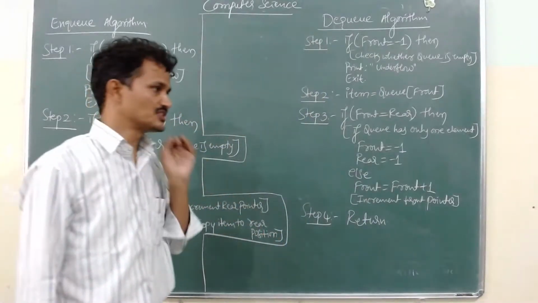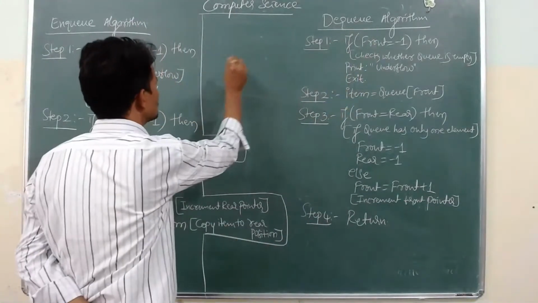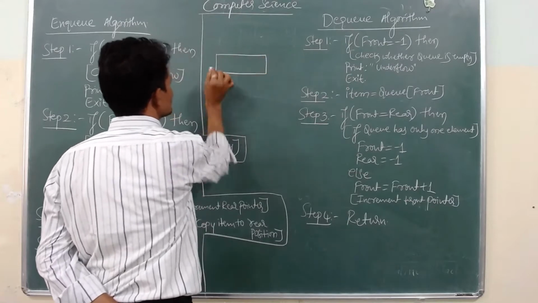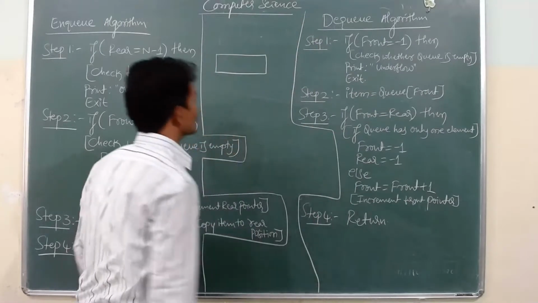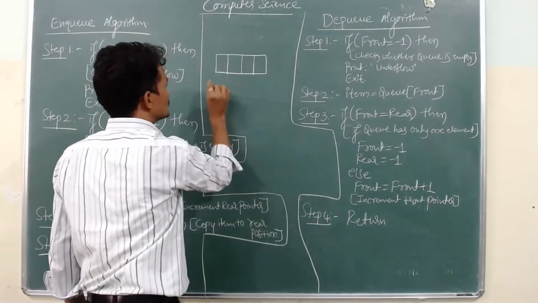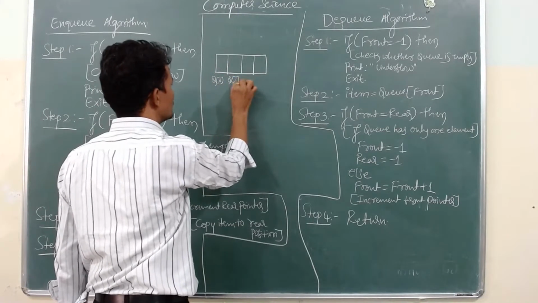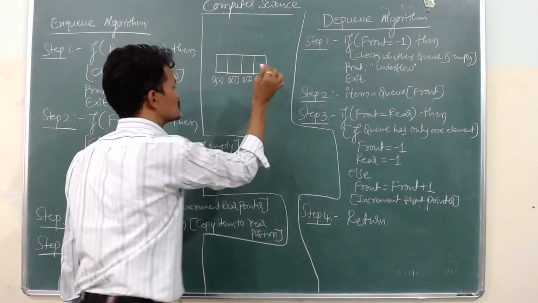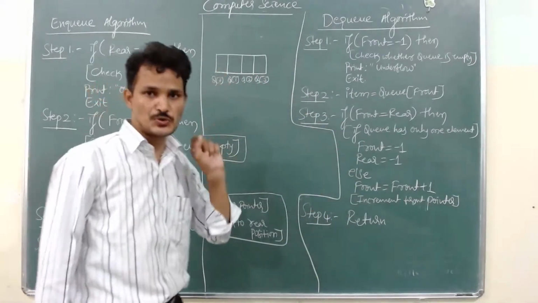So now just have a look at this. Definition is over. Let me draw an array, a simple Queue data structure. This is a simple Queue data structure. This is Q of 0, this is Q of 1, this is Q of 2, and this is Q of 3. You can see here, this is an empty Queue.